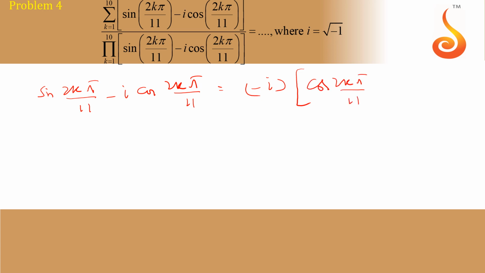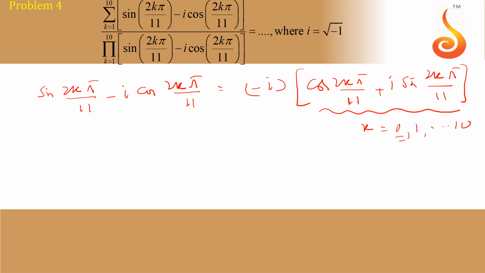That's why, in sin(2kπ/11) − i cos(2kπ/11), if I take −i common, it will be cos(2kπ/11) + i sin(2kπ/11). You know that this is nothing but the 11th roots of unity, 2kπ/11, no? That's why 11th roots of unity, where k will be from 0 to 10.